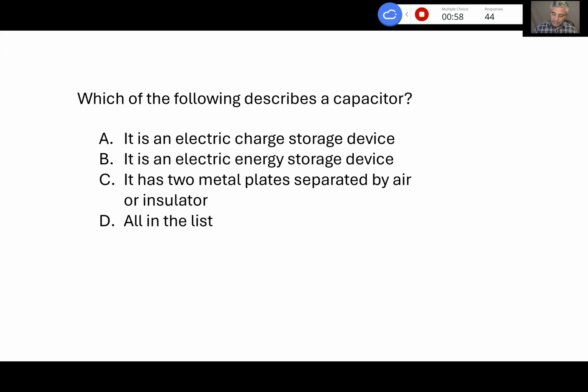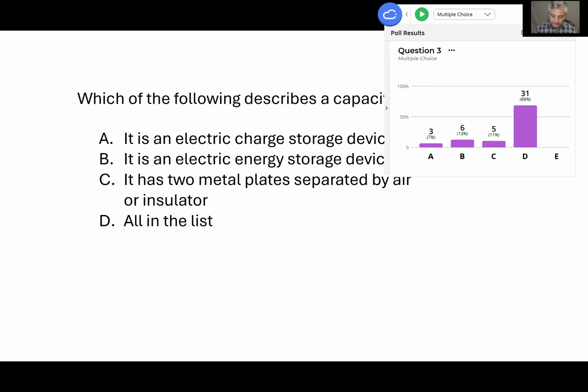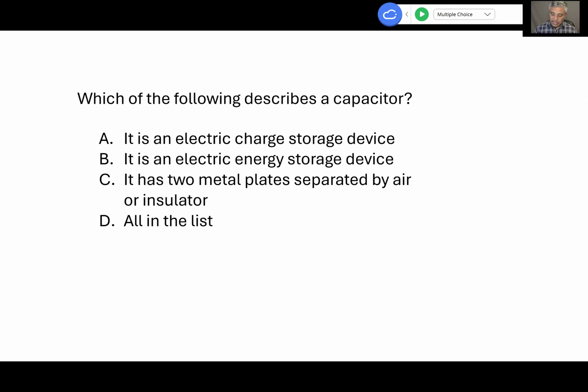Five more seconds. 5, 4, 3, 2, 1, and it stops. Okay, let's see what we got here. Mostly D, that is correct. So all of these are true for a capacitor. It stores charge, it also stores energy, and basically it's the construction.